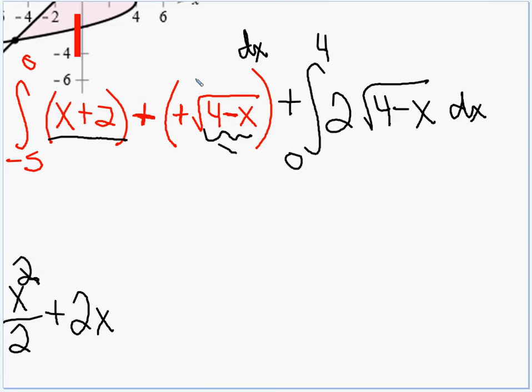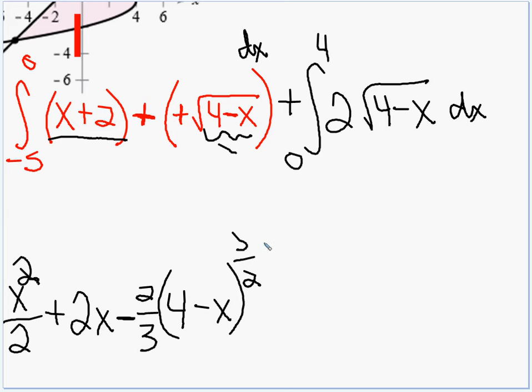So if this was our own separate integral, we would have to tweak this with a negative, where we're going to make that a minus. We're going to raise the power by 1, so it's going to be 4 minus x to the 3/2 divided by 3/2, or we'll bring that up and flip it and multiply by 2/3. This will be evaluated from -5 to 0.